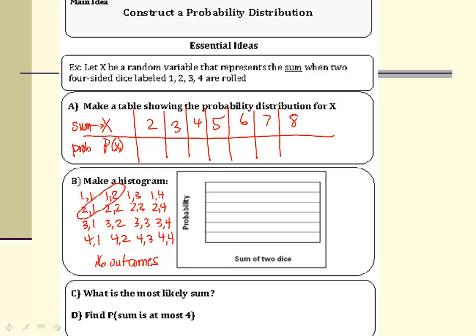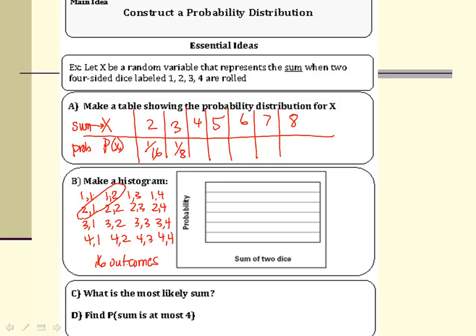Now, what's the probability that I get a sum of 2? Well, there's only one way out of the 16 outcomes, so it's 1/16. What's the probability that I get a sum of 3? Well, I could have 2 and 1 and 1 and 2, so there are 2 possibilities out of the 16. Now, we always reduce our probability, so 2 out of 16 is the same thing as 1/8.